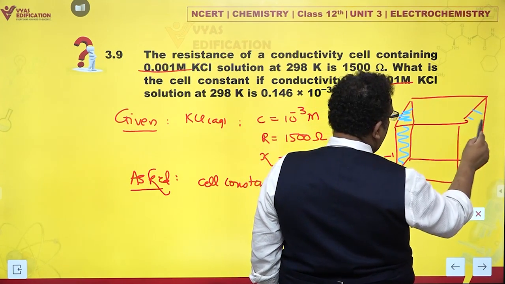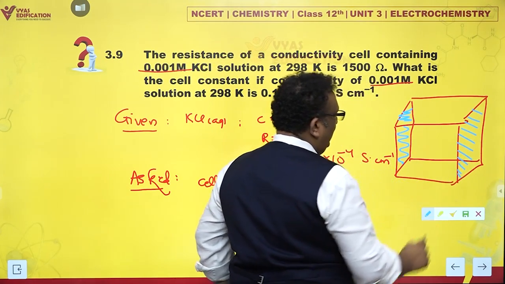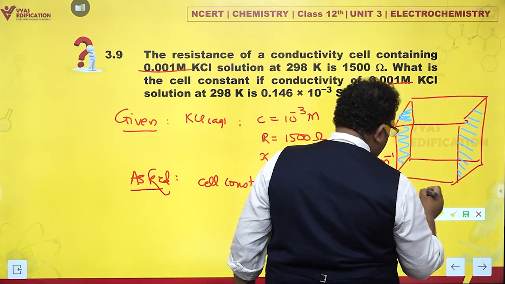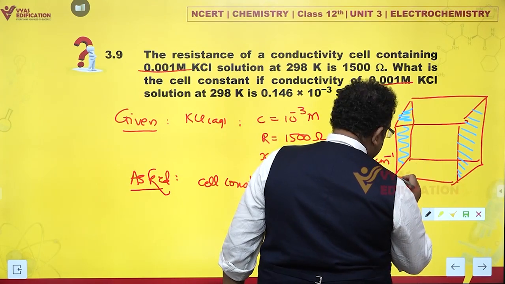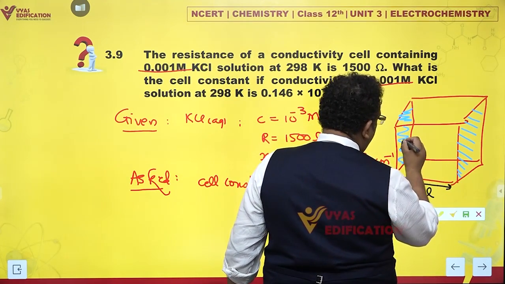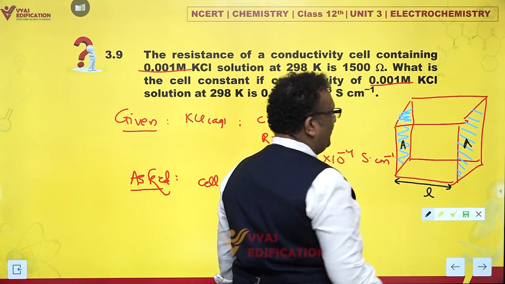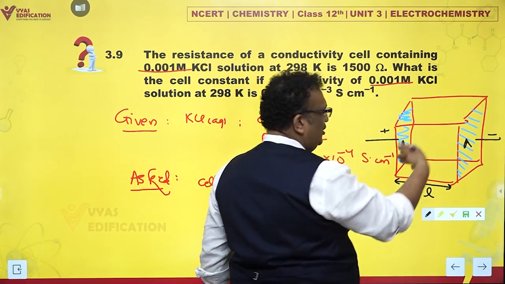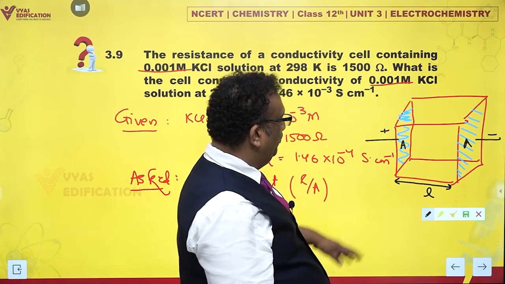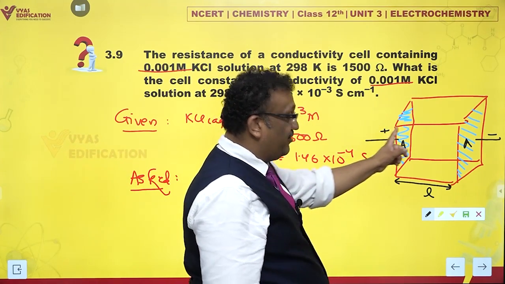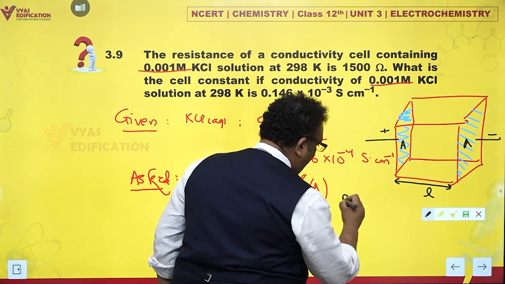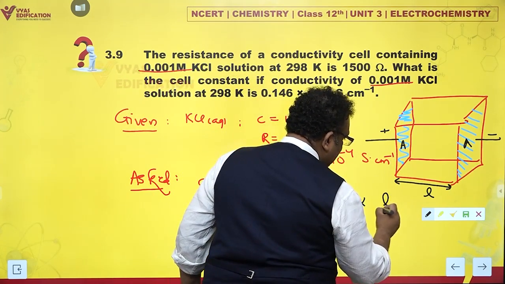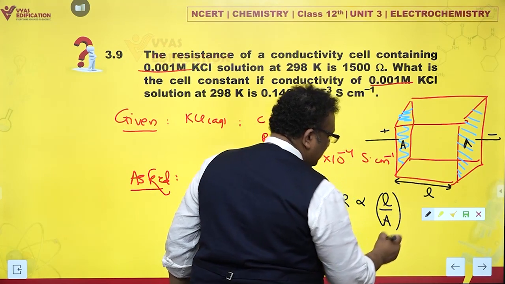Say if I take a conductivity cell, it's a cube and there are two parallel plates separated by a distance L. They have cross-sectional area A. And if I pass current, there is solution filled up in the entire cube. Then you would say resistance of the cell R is proportional to its length. It is inversely proportional to its cross-sectional area.